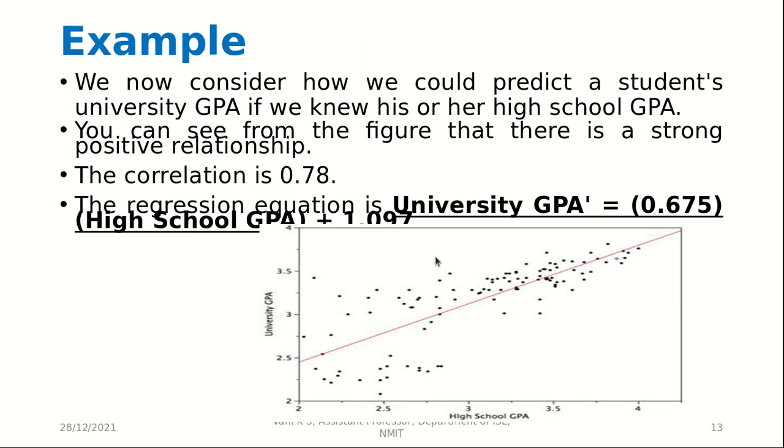Now consider how we could predict a student's university GPA if we knew his or her high school GPA. You can see from the figure that there is a strong positive relationship between the two. This is the high school GPA and this is the university GPA, and the correlation here is 0.78. Now the regression equation can be calculated like this, so we have calculated that.